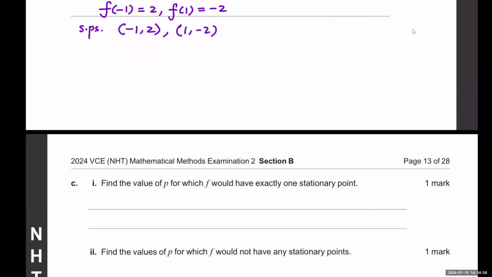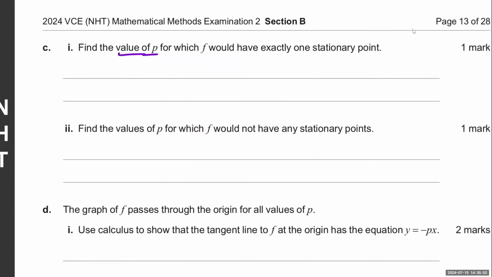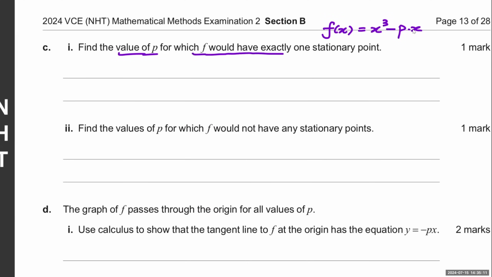Okay, now, part C1. Find the value of p, which means this time we have to use the general formula, f of x equals x to the power 3 minus p times x, for which f would have exactly 1 stationary point. So if I analyze the derivative in this case, 3x squared minus p equals 0.